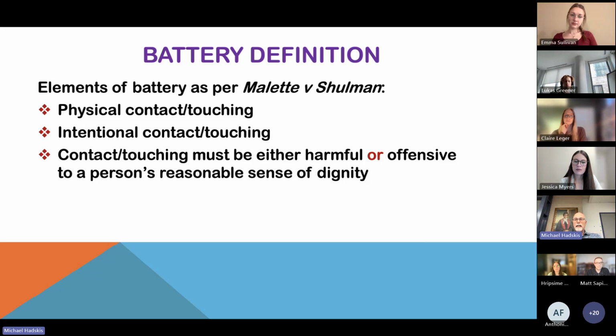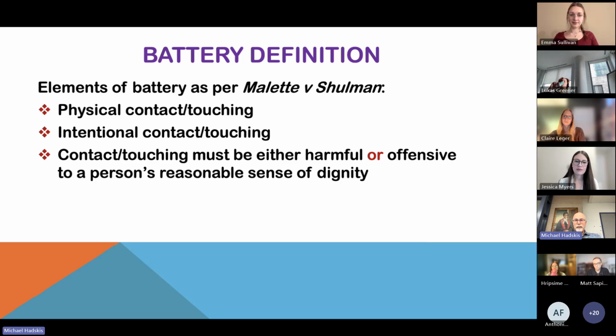Next, intentional. Was that touching intentional? Yes, it was a decision he made because he figured it would save her life. So there was intentional contact because he desired the contact for the purposes of delivering treatment.